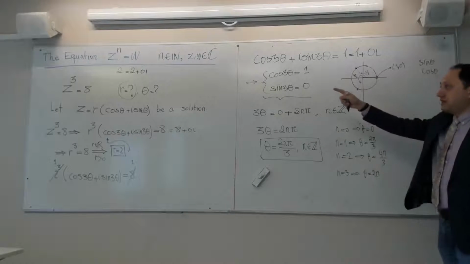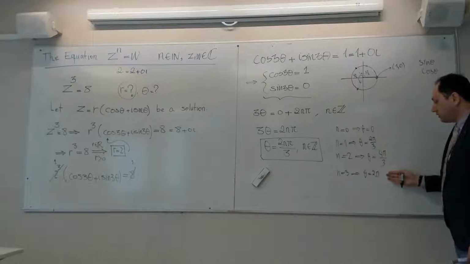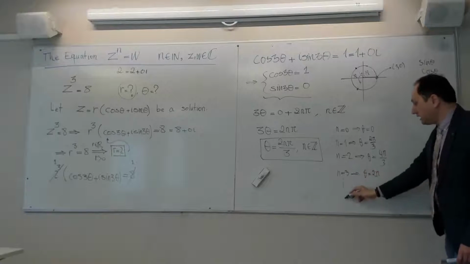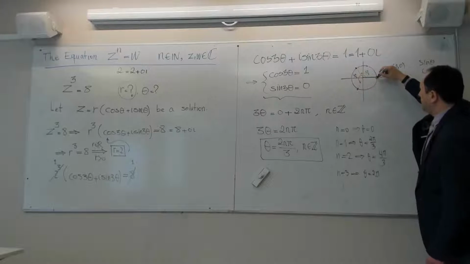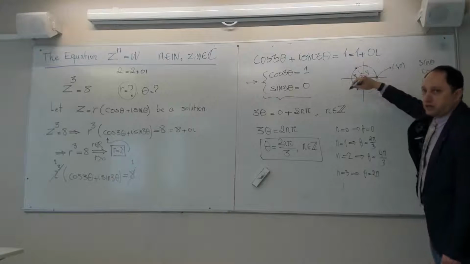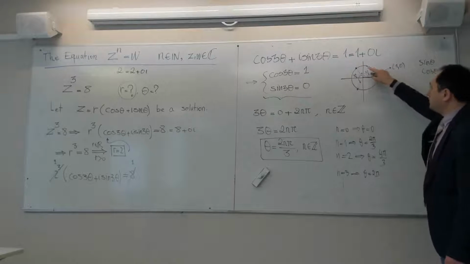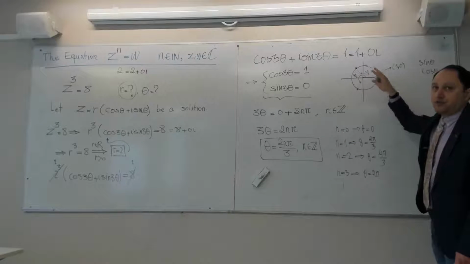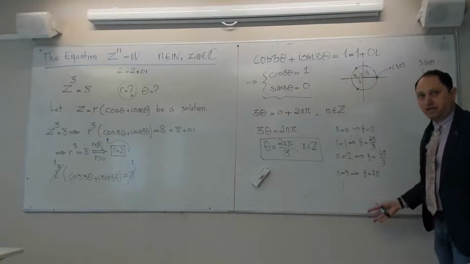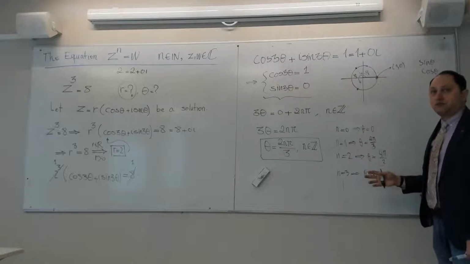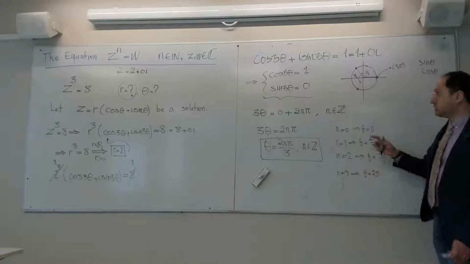So for solving that problem, I don't need to continue, because if I start adding numbers, I jump from this point to that point to this point, again to this point. So it goes like that. So it will not produce more than 3 final points, even though it produces infinitely many angles. But all of them fall into 3 categories.